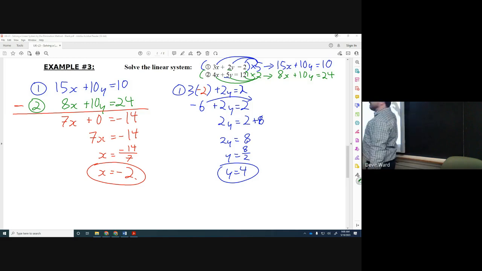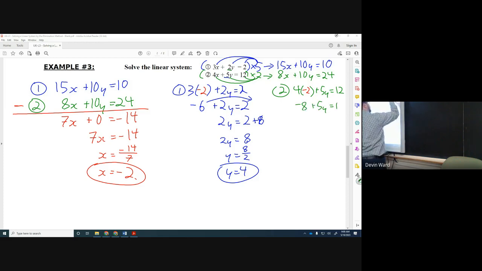Okay? If you did equation 2 instead, you should still get y equals 4. You have 4 plus 5y equals 12. It's -2. We get -8 plus 5y equals 12. Bring over the -8. 5y equals 12 plus 8.